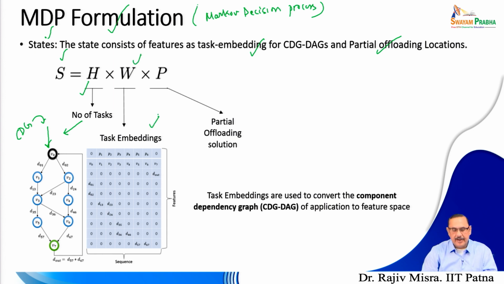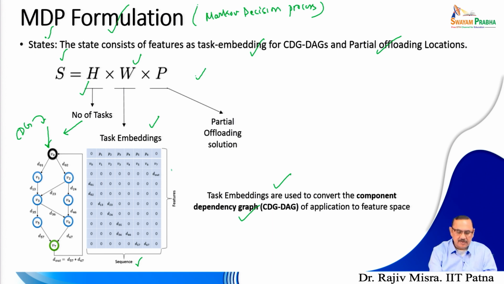Task embedding represents the locations of these different tasks to be assigned to these nodes, and P is the partial offloading solutions. The task embedding can be used to convert the component graph of the application to the feature space.